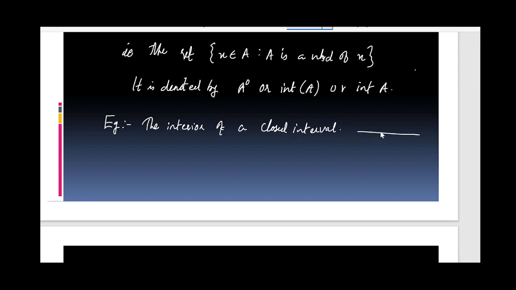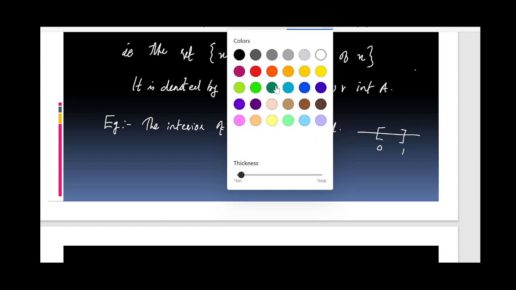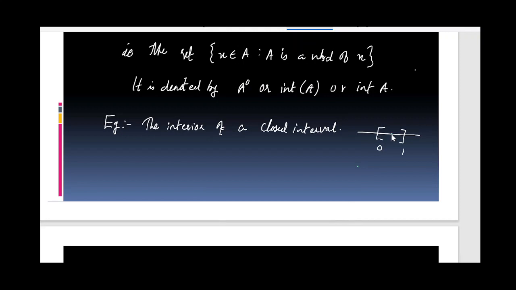When I am taking a closed interval, say 0 to 1, what should be its interior? Whenever I take a point here, I want an open set completely contained inside.